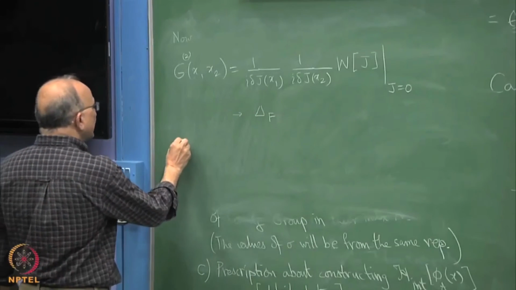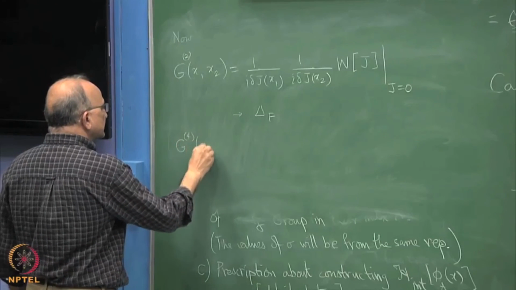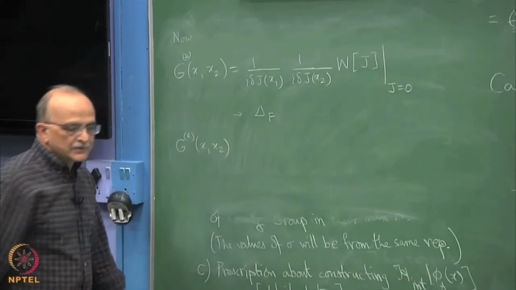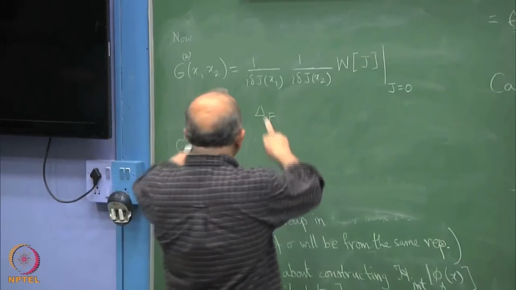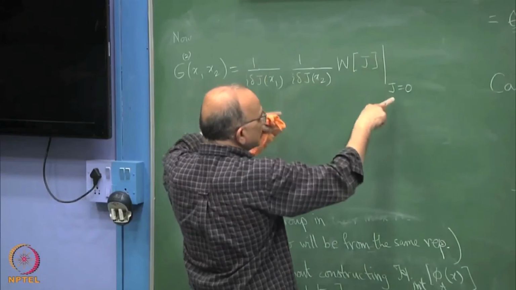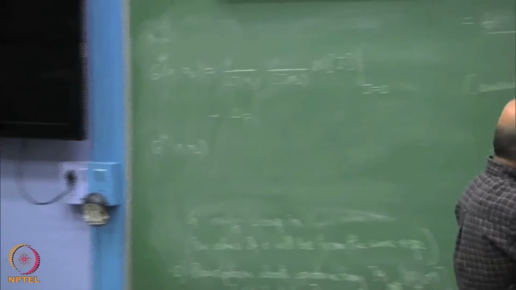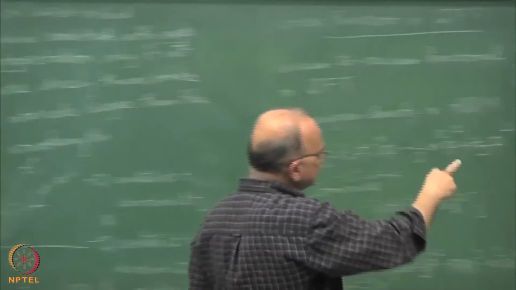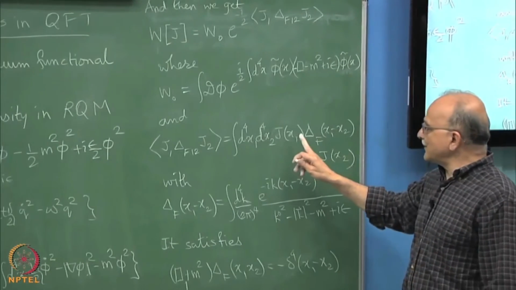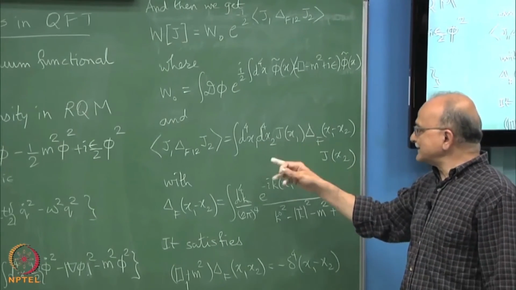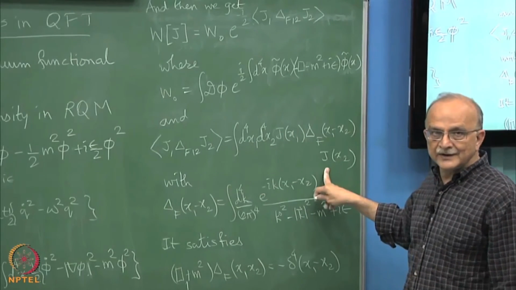And if you do it for G4, you will find that the odd ones are always vanishing, because remember that after differentiation you have to set J equal to 0. This expression is quadratic in J, J and J. So if you have varied J once, this thing would have come down from the exponent with a J sitting in front.